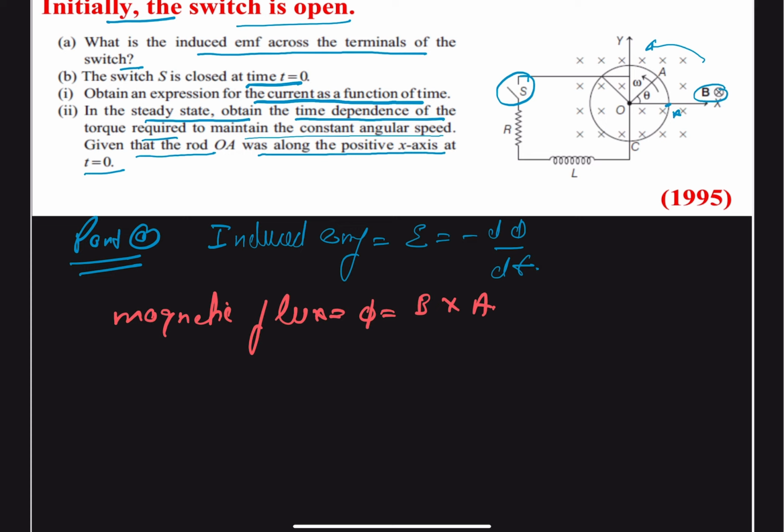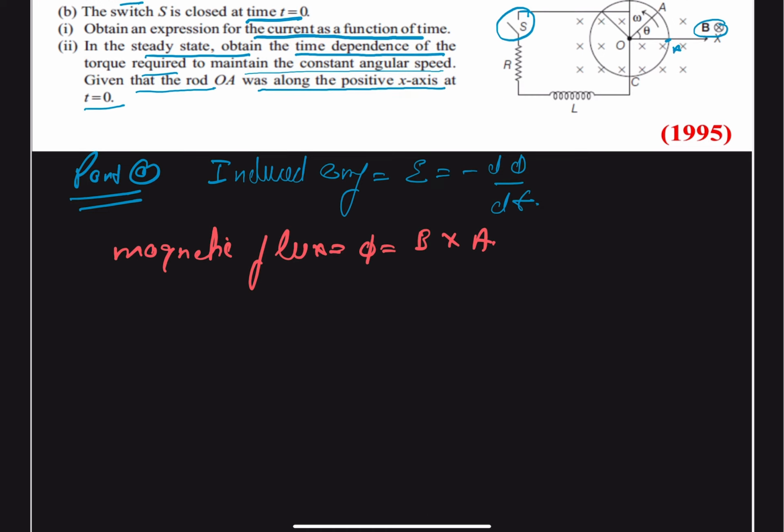Now it is given that the rod rotates with the angular speed omega, and we can assume that at any point at a distance x from O, its velocity is, suppose, v.